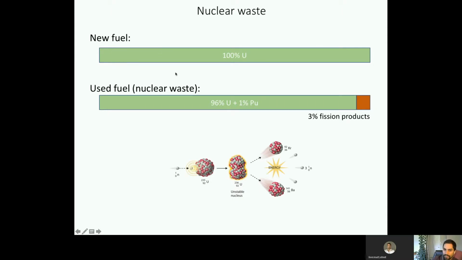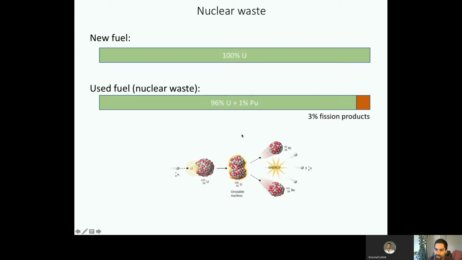It stays in the reactor for about one and a half to 3 years. When we take it out of the reactor, we've only used about 3% of the uranium. The other 97% is still either uranium, like the initial uranium, or plutonium, which also liberates energy. And it has also some other little things.